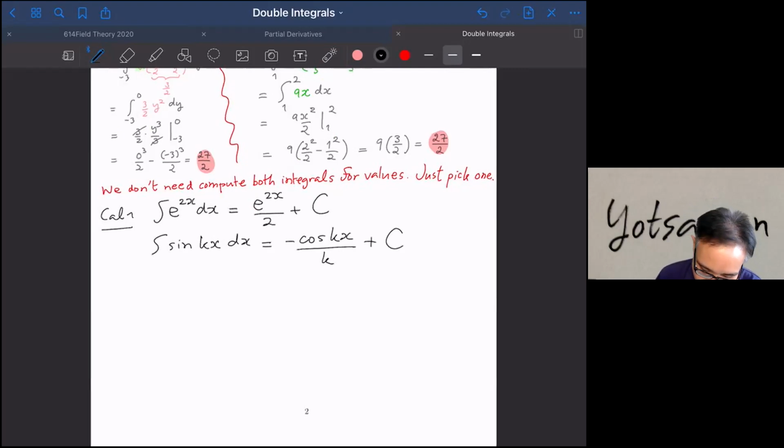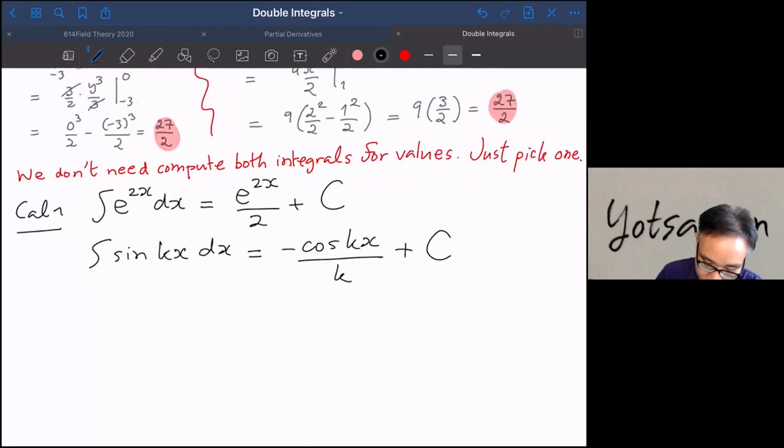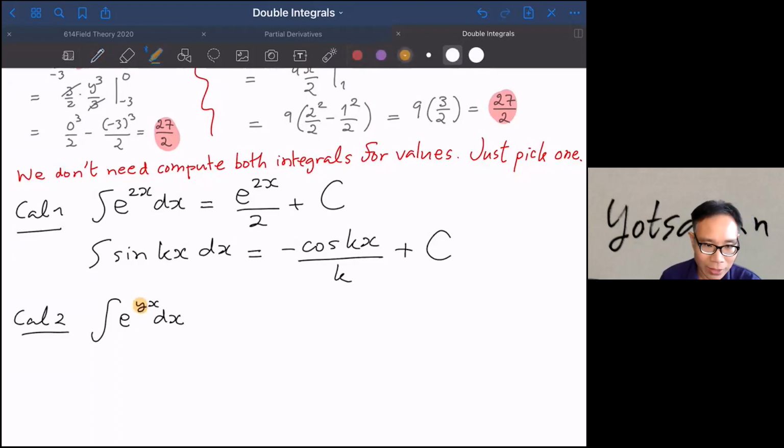However, for calculus 2, the question turns out to be a little bit different. For example, if you'd like to integrate e to the yx dx, the thing that you may feel uncomfortable about is, hey, is this one a variable or a constant?